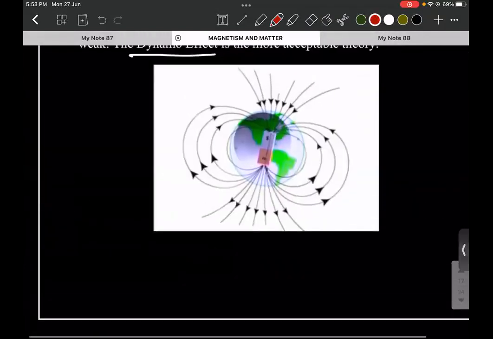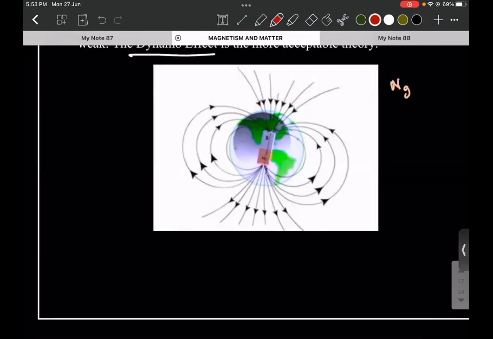Is that clear? I was telling about two points. One is called the geographic north and the geographic south. Similarly, you have magnetic north and magnetic south. You can define an imaginary line which passes through the geographic north and the geographic south.